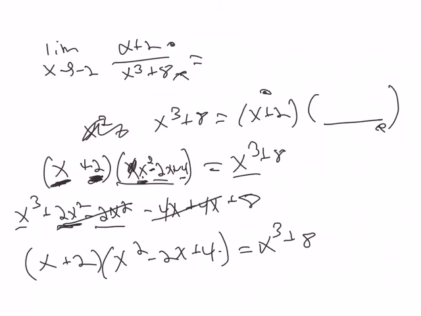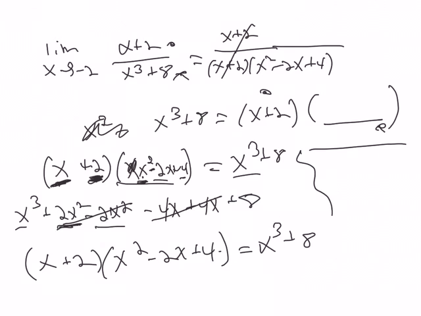So this is x plus 2 over x plus 2 times x squared minus 2x plus 4. These cancel, and you're left with, so now let's just plug in the negative 2, right, because it'll get 4.